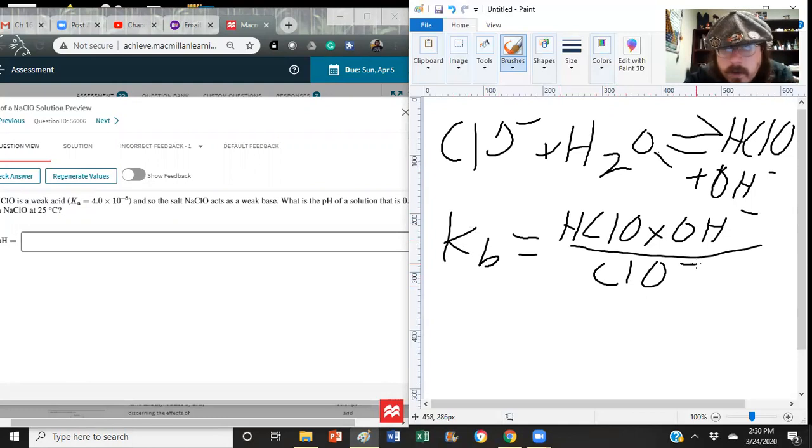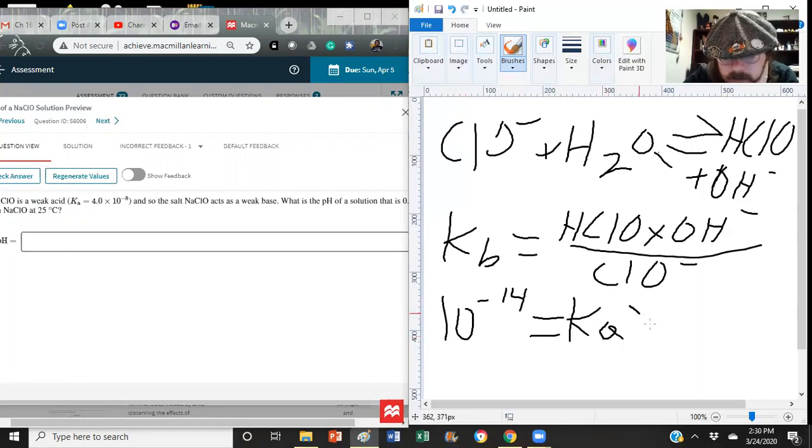But you do. You just don't know that you know. Because we know 10 to the negative 14th, or Kw, is equal to Ka times Kb. So the fact you're given Ka, you can calculate Kb.